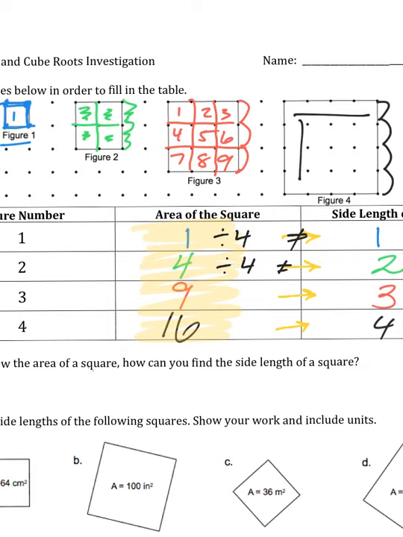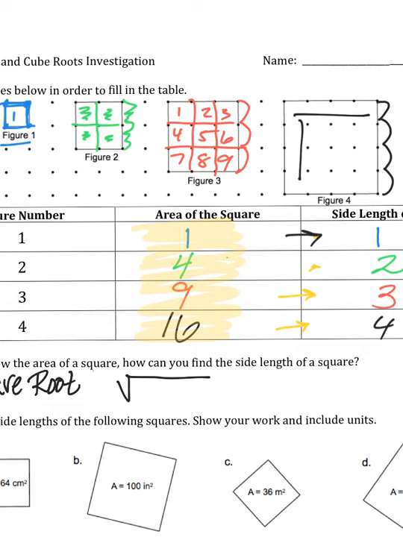And so what we're really trying to do is figure out what I can do to get from the area to the side length. And to determine that, we find what's called the square root. Now, a square root looks like a radical sign, so we call that the radical.